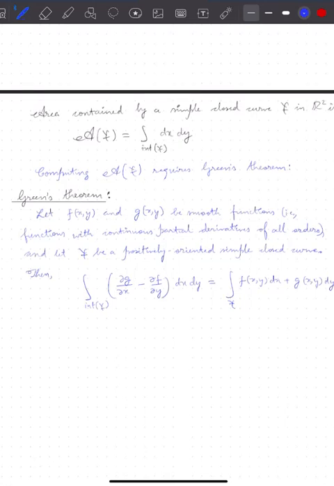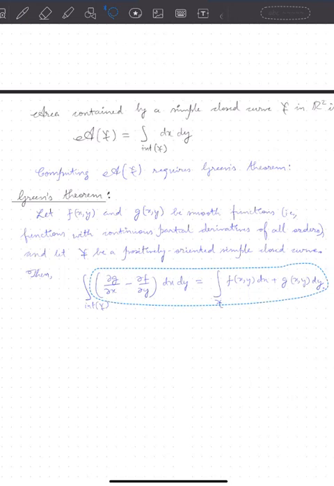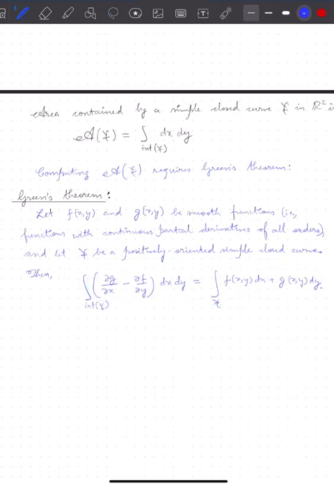Right? And this is what we often call the Green's theorem in multivariate calculus.